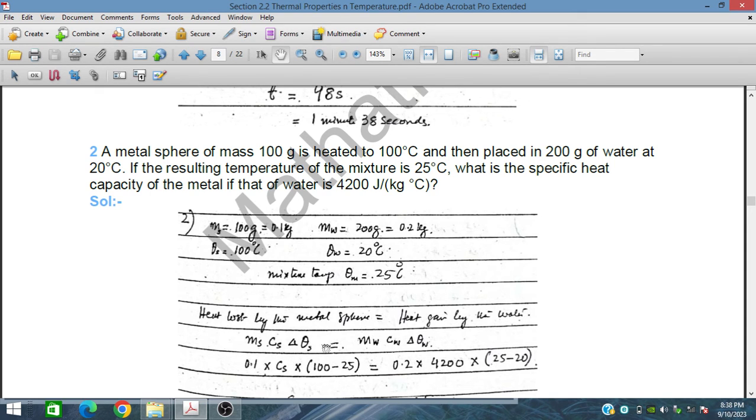The heat lost by the metal is given by the mass of the metal sphere, the specific heat of the sphere, and the temperature change in the sphere, from 100 to 25. This is equal to the heat gained by the water: 0.2 kilogram water, the specific heat of water, and the temperature rise from 20 to 25.